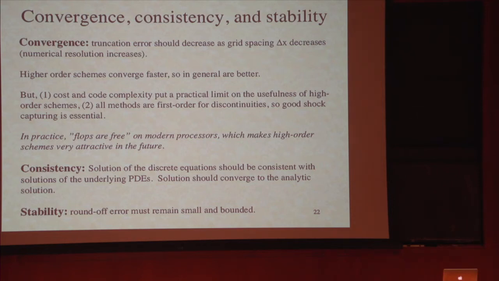So that's convergence. Consistency is another important concept which is sometimes forgotten, I think. Consistency means that the solution to your discrete equations should be consistent with the solution to the underlying PDEs. That is, the solution to your numerical difference equations should not only converge, that is, the error gets smaller, but it should converge to the right answer.